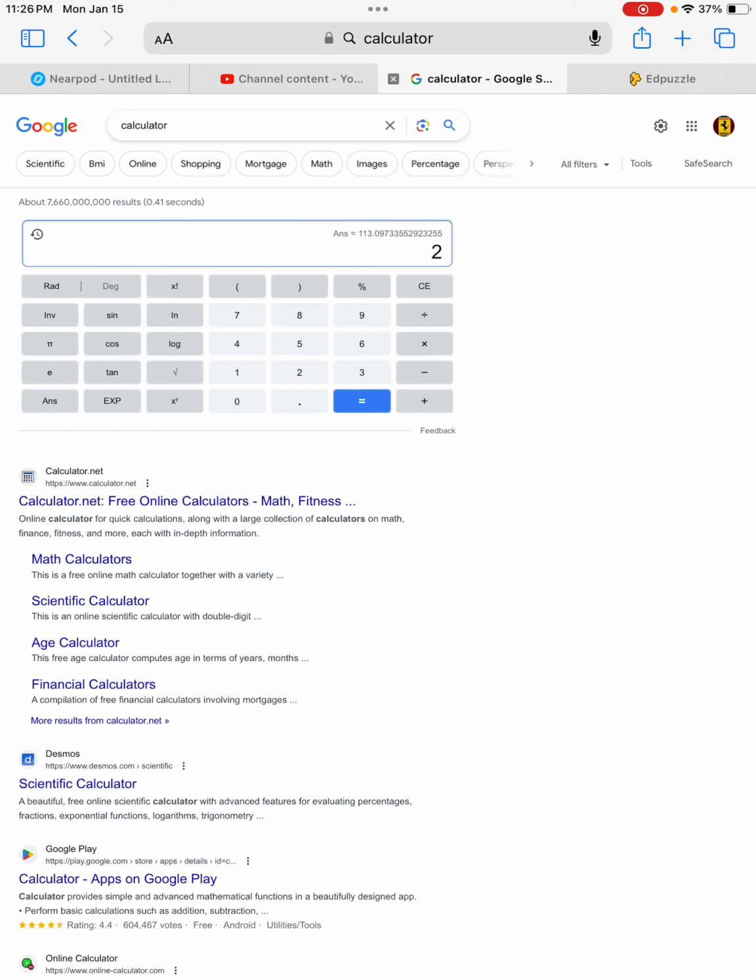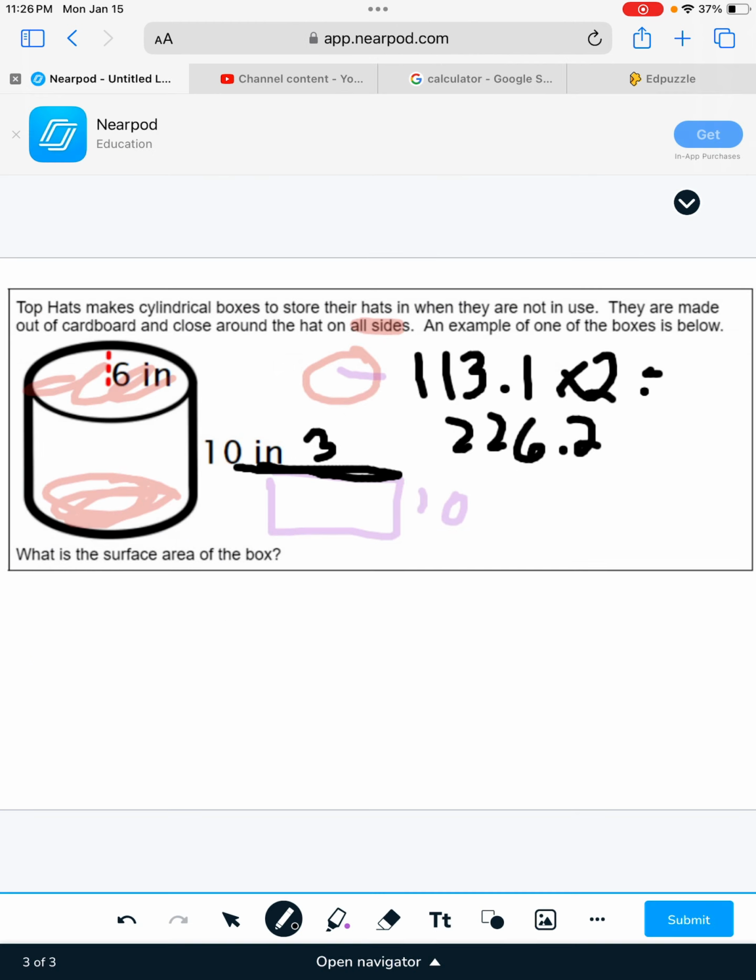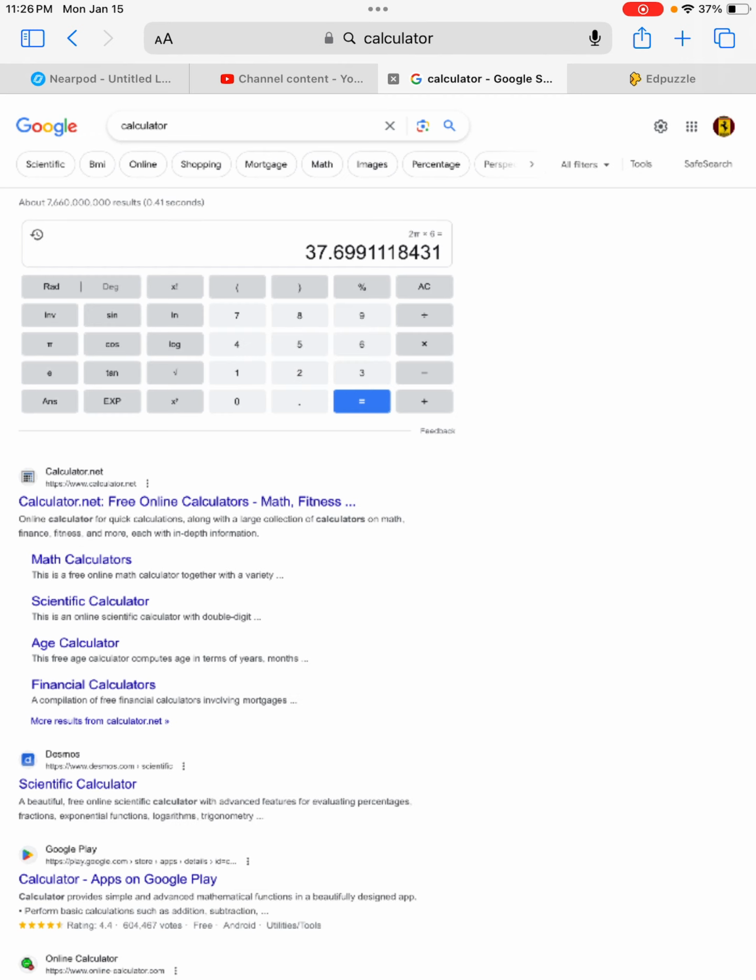It is 2 times pi times the radius. 2 pi 6. You punch that into the calculator, you get 37.7. 37.7 is the length of that rectangle.